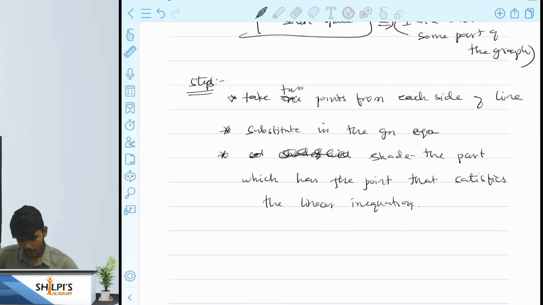Okay va? So our first step is to take 2 points from each side.